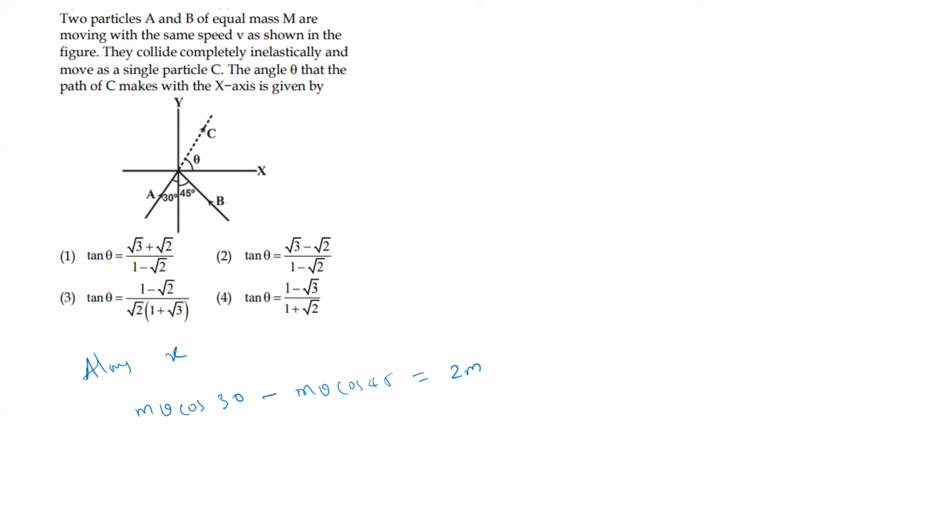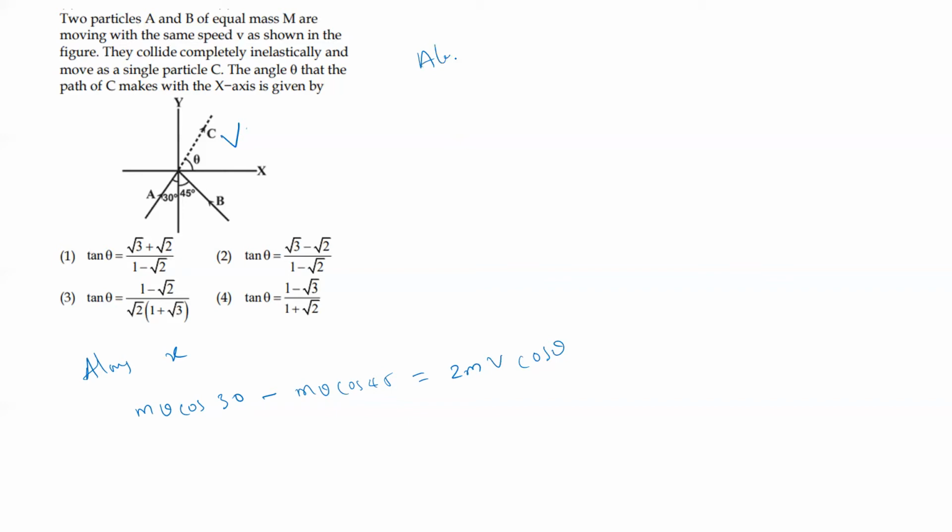They did not mention with what velocity it is moving, so we take a new velocity, let us say small v, since we already took the capital V. So m v cos theta, this is along the x direction.